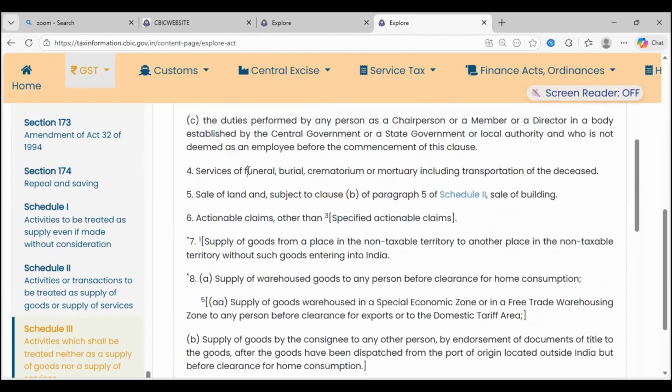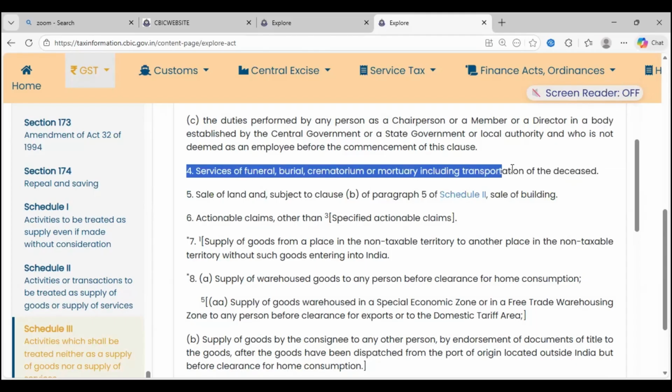Then services of funeral, burial, crematorium, mortuary, including transportation of the deceased. Under the service tax era, this was subjected to service tax. They made an attempt to levy a service tax on this. The opposition party made the sky fall in Parliament, and immediately they removed this.